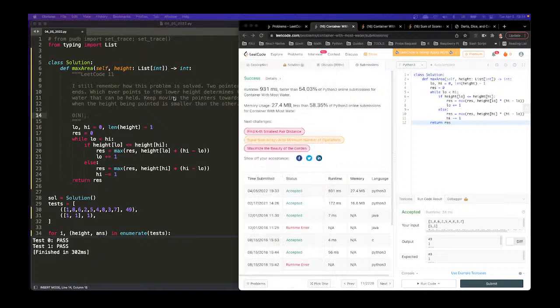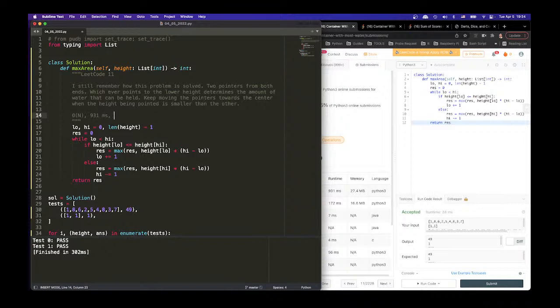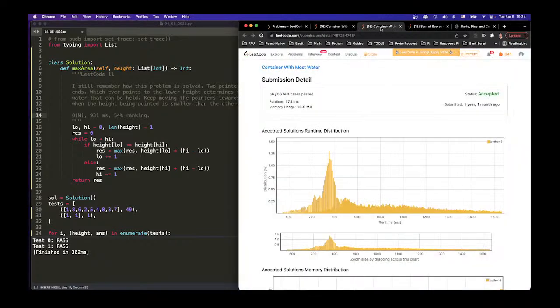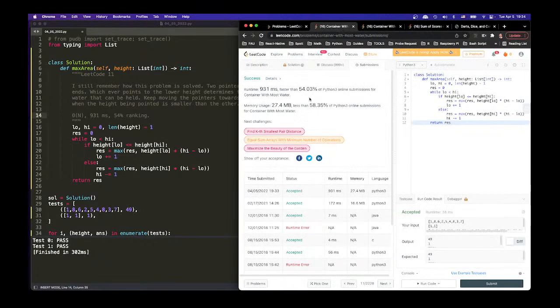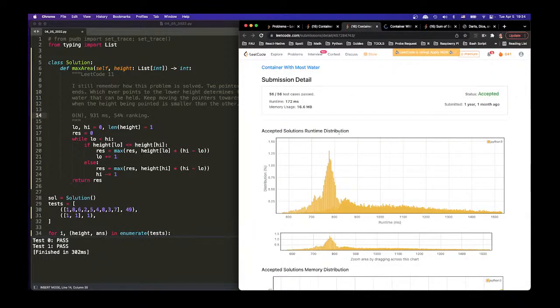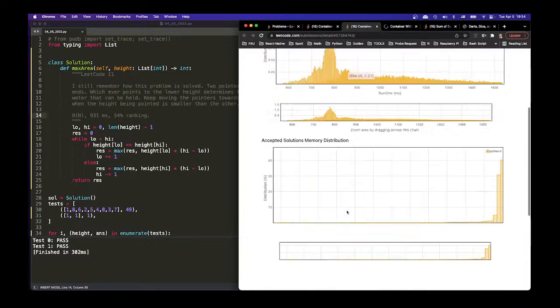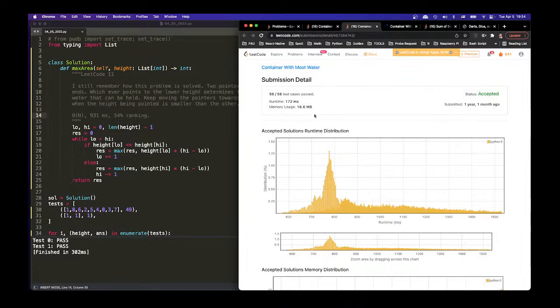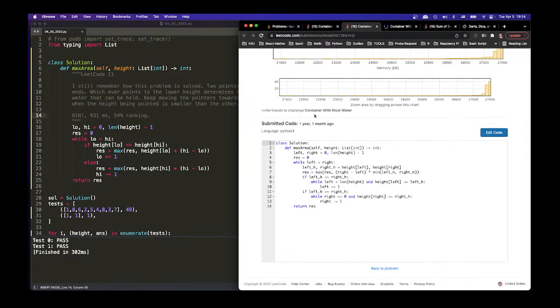This one is 931.54. That one was actually, I should check. I think the test cases must be different now, because you see the average is around 800, 900. 56 test cases back then.